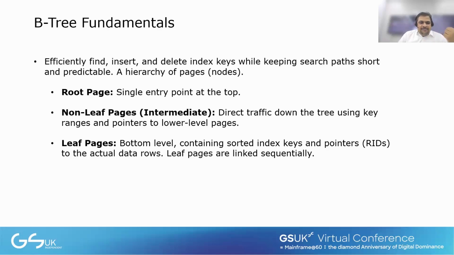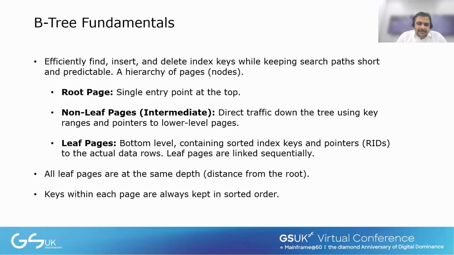Finally, you have a bottom layer of pages called leaf pages, which contain a sorted index list and the pointers. The pointers in the leaf pages are row IDs, which directly connect to the actual data rows in the table space. The leaf pages are also linked sequentially.